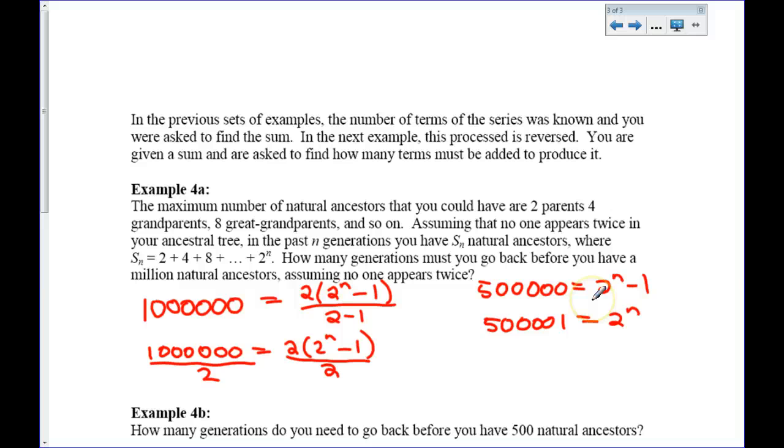Okay, so all you need to do is just follow what I'm doing. It's not hard. You're going to take the log of 500,001 equal to the log of 2 to the nth power. What happens to this little n here?